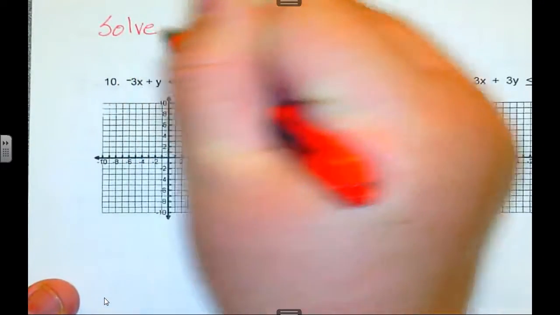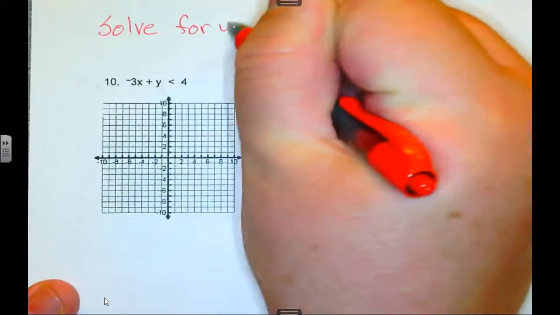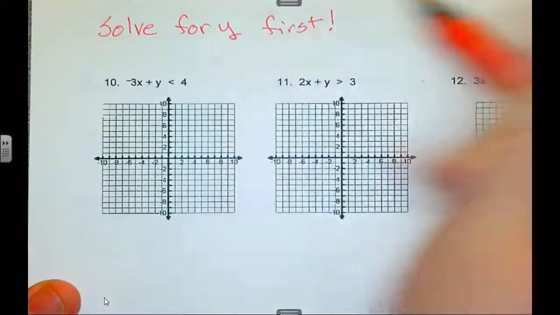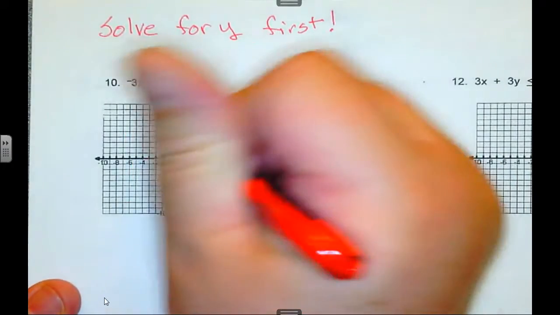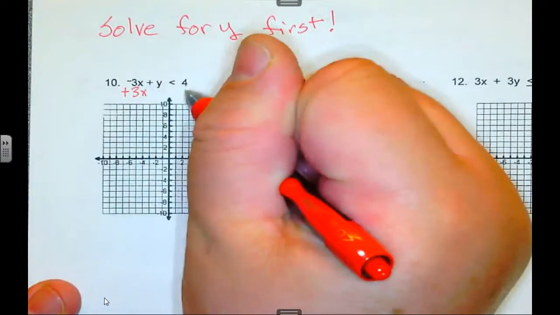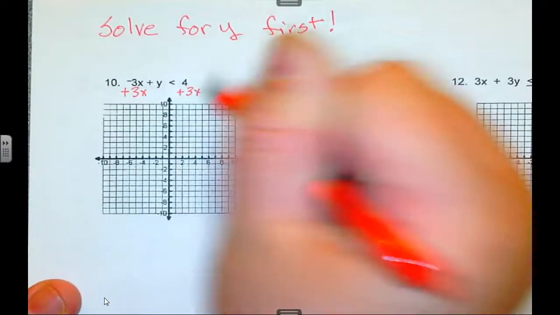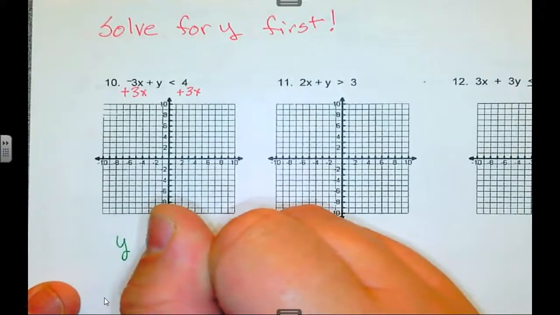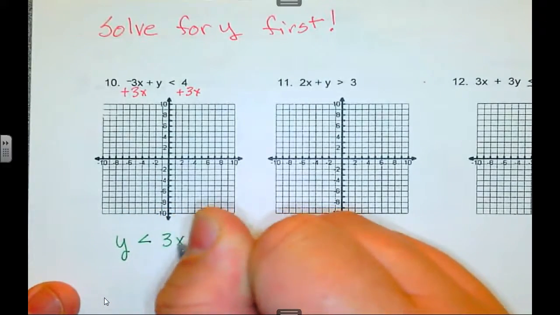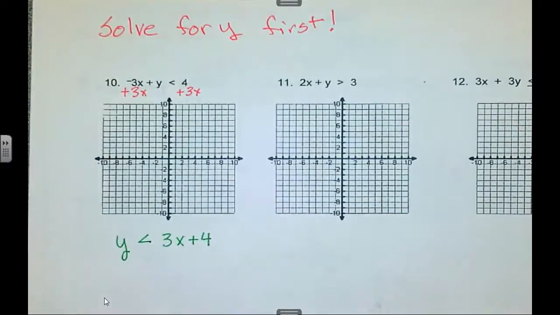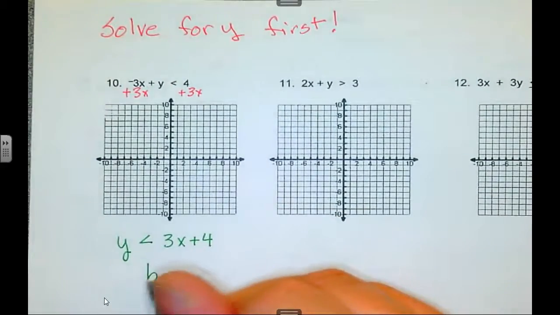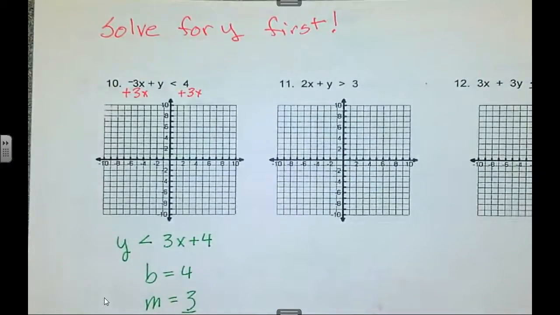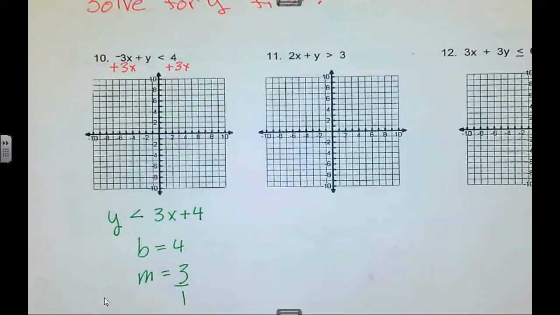Solve for y first. So here I would have to add 3x to both sides. So I'm actually graphing y as less than 3x plus 4. Y-intercept's 4, slope is 3. ¿Comprendes?